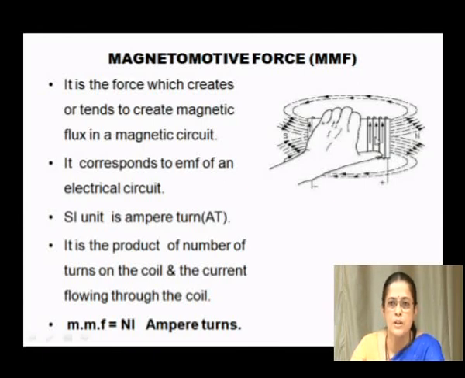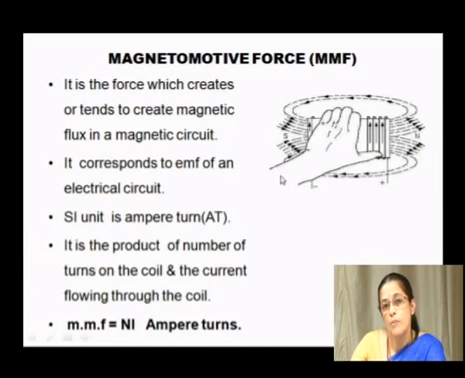So, you can observe here, suppose there is a magnetic material on which a coil is wound, and if the coil is energized, that is you pass electric current through it, then it sets up a magnetic field around itself, and these lines are nothing but the magnetic flux.